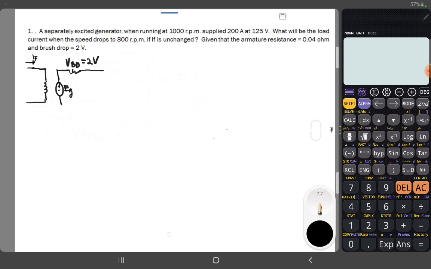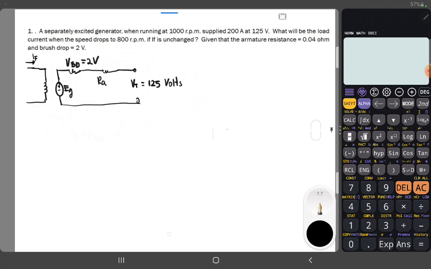Okay, next is our RA. Okay, next is our terminal voltage, wherein our terminal voltage VT is equal to 125 volts.